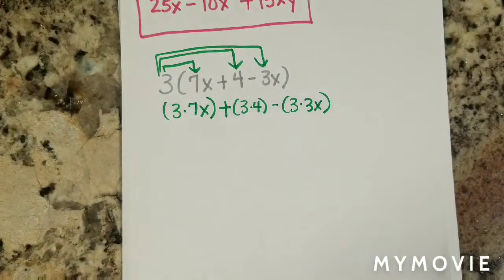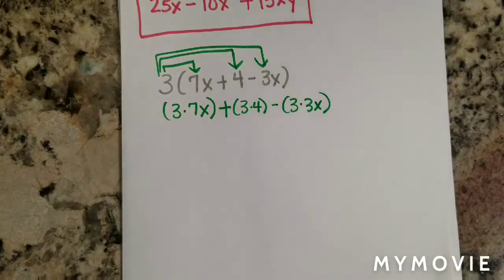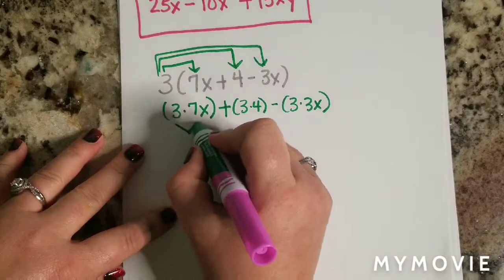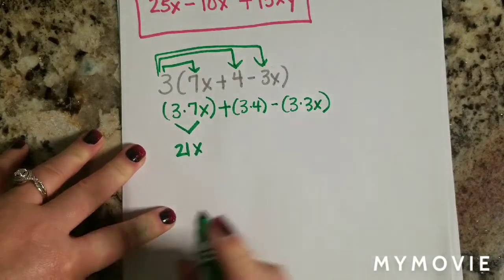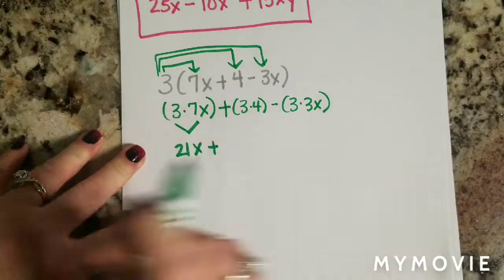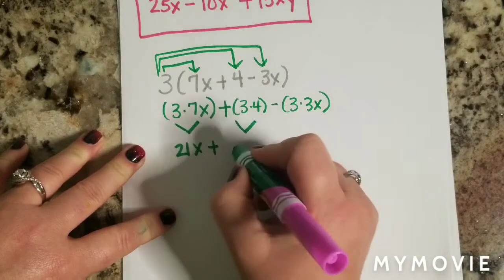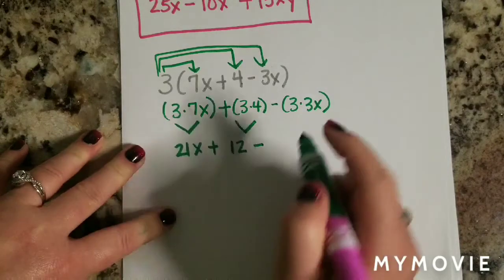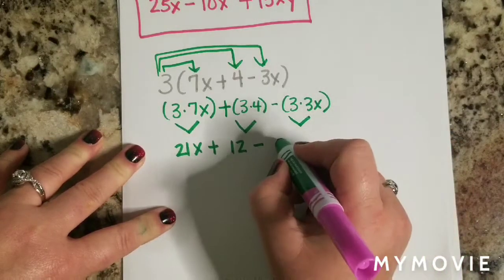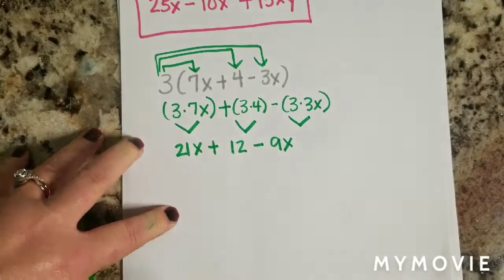Now, I can simplify this even more. So 3 times 7x is 21x. Bring down the plus sign. 3 times 4 is 12. Bring down the minus sign. And 3 times 3x is 9x.